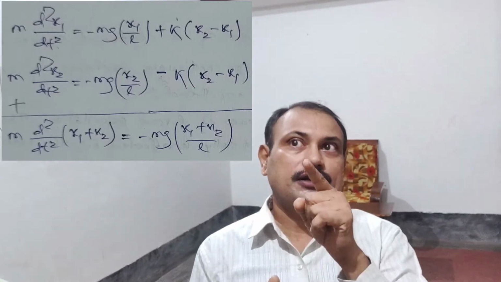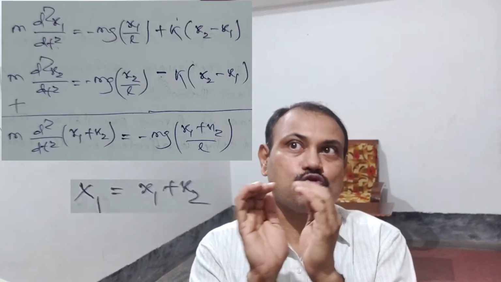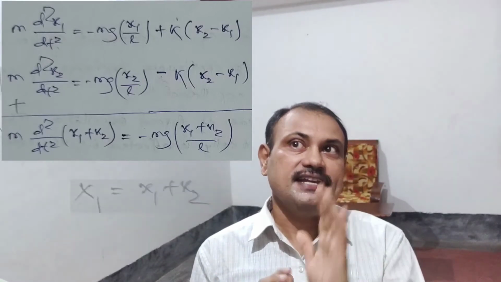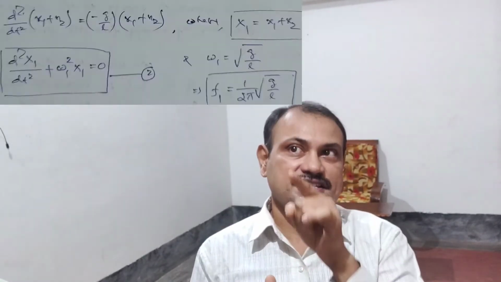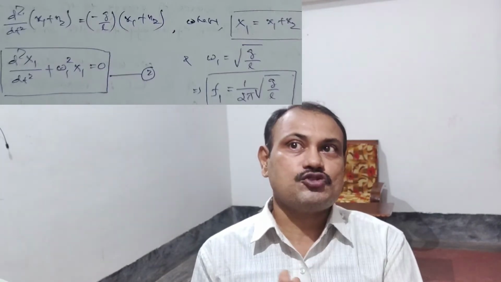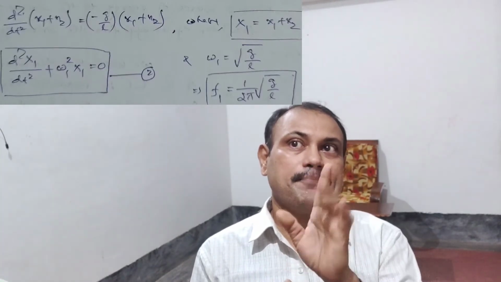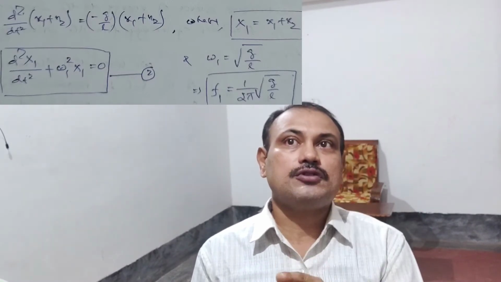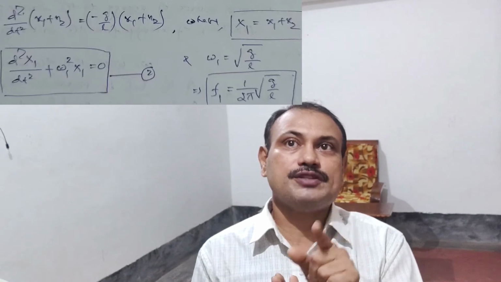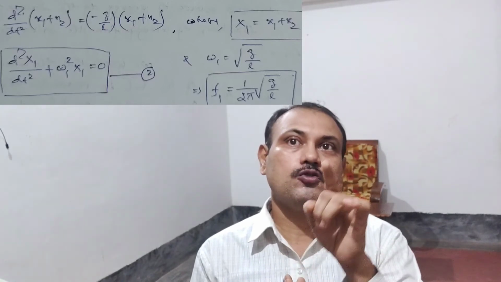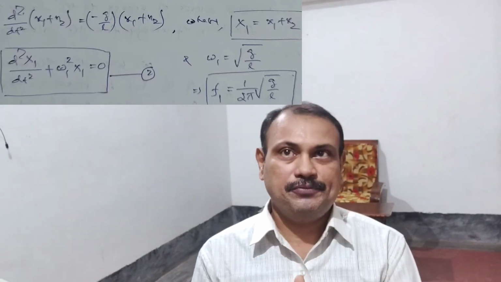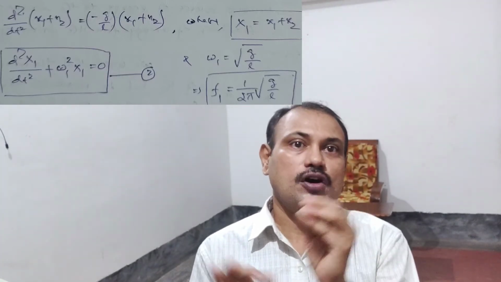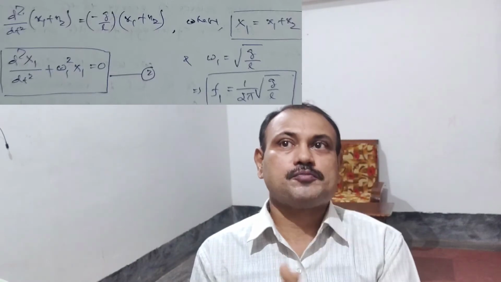And here you can always write the sum x1 plus x2 equal to capital X1, so that the equation can be rewritten as d square by dt square of capital X1 plus omega 1 square capital X1 equal to 0, where omega 1 is equal to square root of g by L and the corresponding frequency f1 must be equal to 1 by 2 pi square root of g by L. Here capital X1 we have selected as the sum of the displacements small x1 plus small x2.